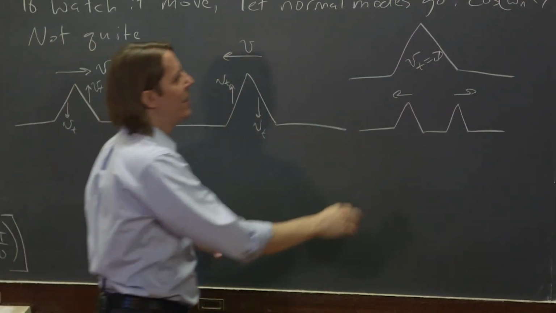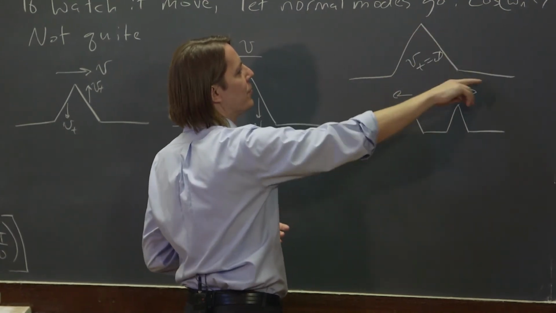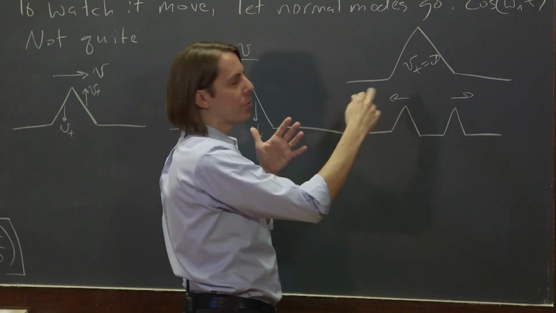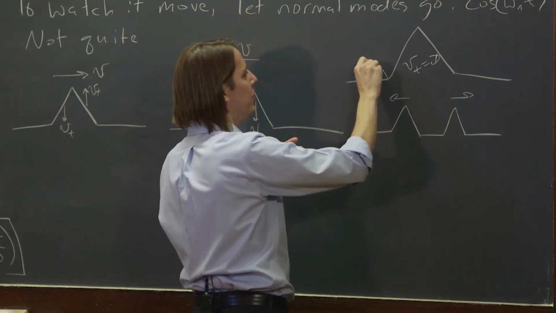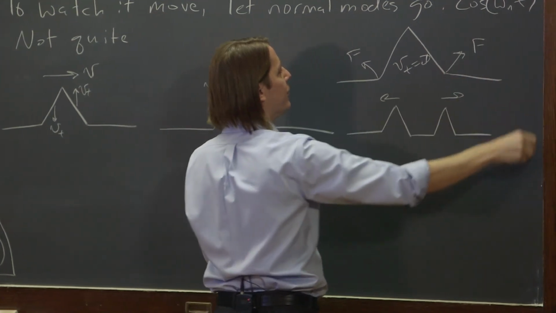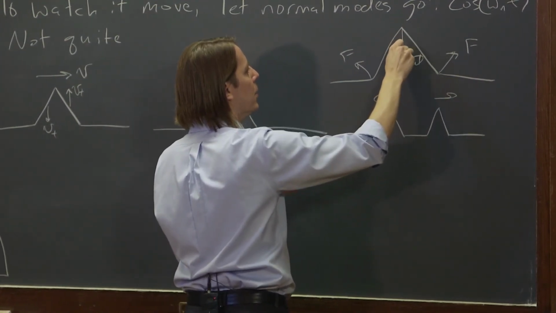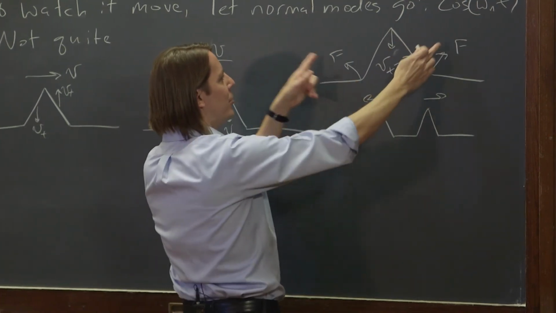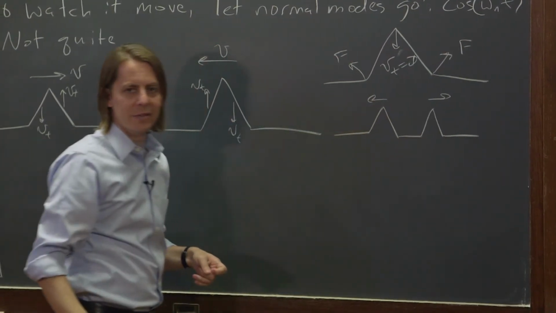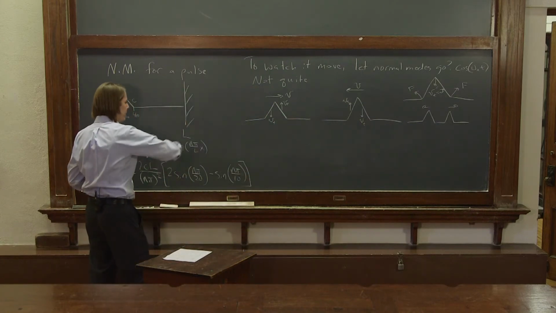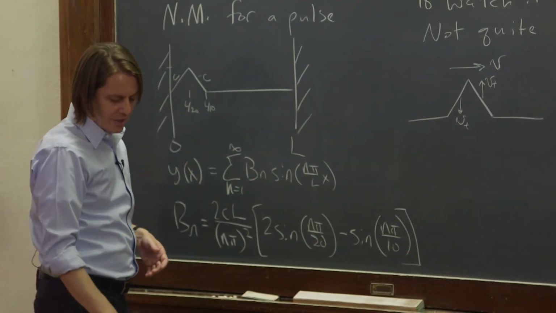Intuitively, you might understand that because you know where there's the biggest curvature. If this string is sitting still, there's only a force where there's curvature. There's curvature here, so there's a force that way. There's curvature here, there's a force that way, and there's curvature there, there's a force that way. So if you imagine how that's going to pull, it's going to pull these out and that down, and it's going to make that. So you can't just slap on cosine omega n t's.